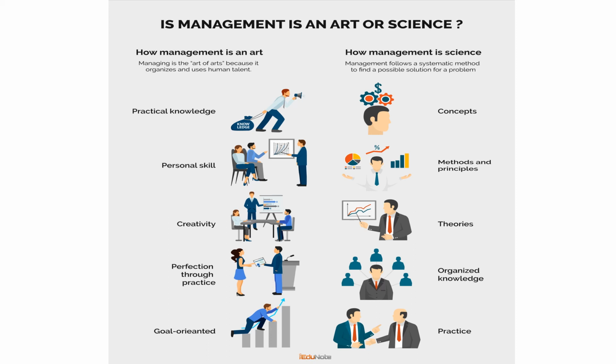How about how management is science? Science is obtaining information about a particular object by a scientific or systematic pattern of observation. So here, it also follows a systematic method to find possible solutions for a problem. So the elements here are the following. First is concept.